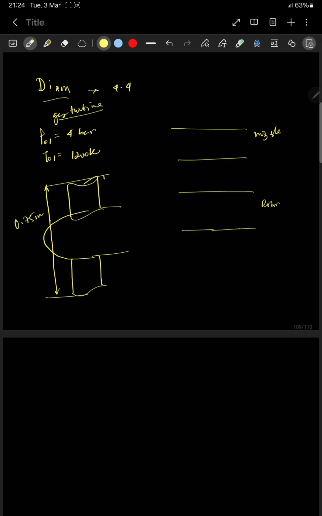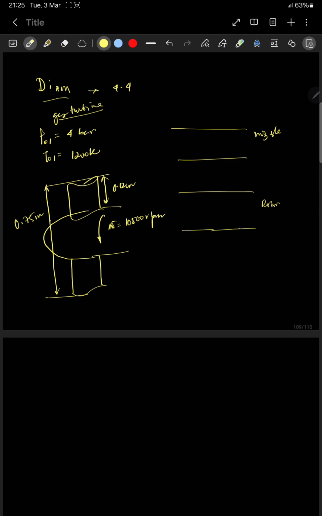The blade height is 0.12 meter. Shaft speed is N, this is N, equals 10500 rpm.